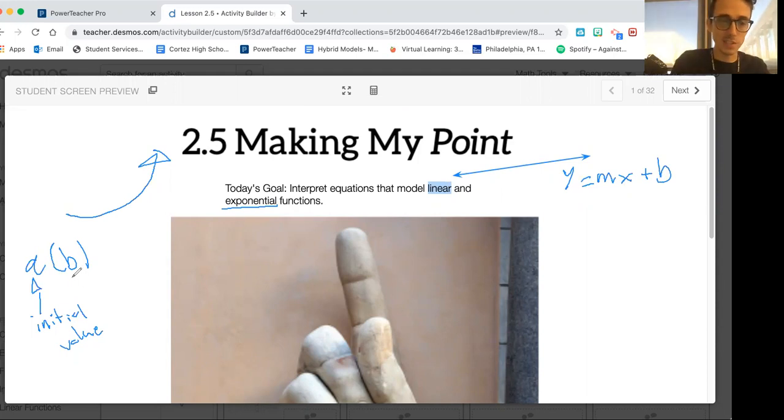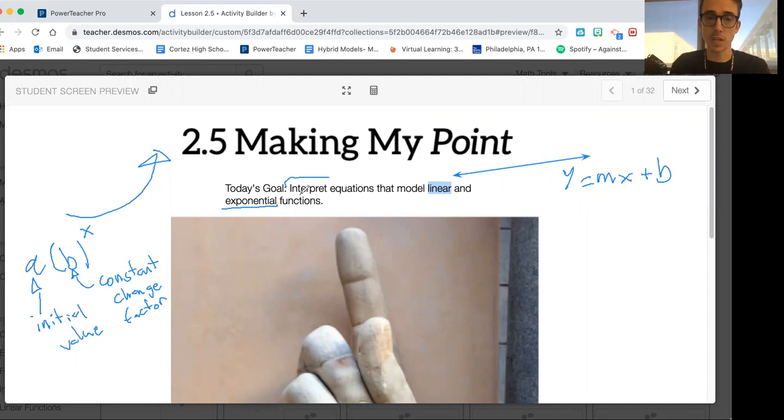Hopefully you're saying the constant change factor. Sometimes we think of this as the percentage that an amount of money keeps increasing or decreasing by, and then we have our variable of x for an exponent.